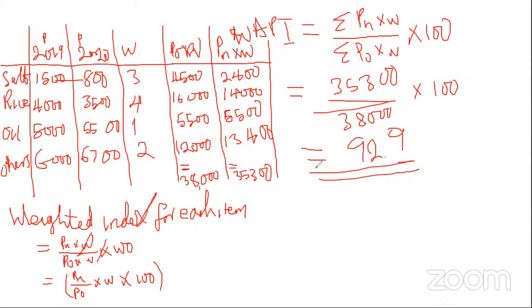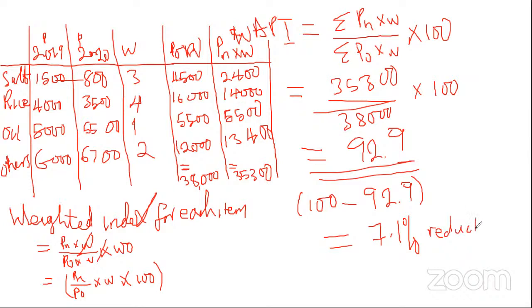Now, suppose they had told us to comment. Our comment would be that price is reduced, or the cost of living reduced, by 100 minus 92.9, and that would be 7.1% reduction in cost of living.